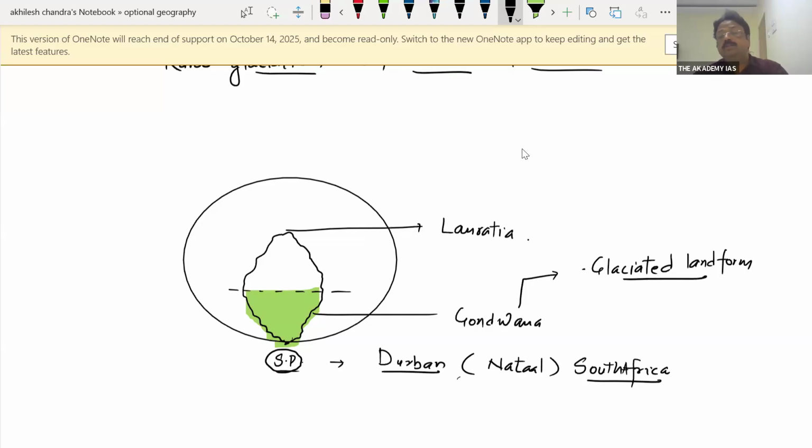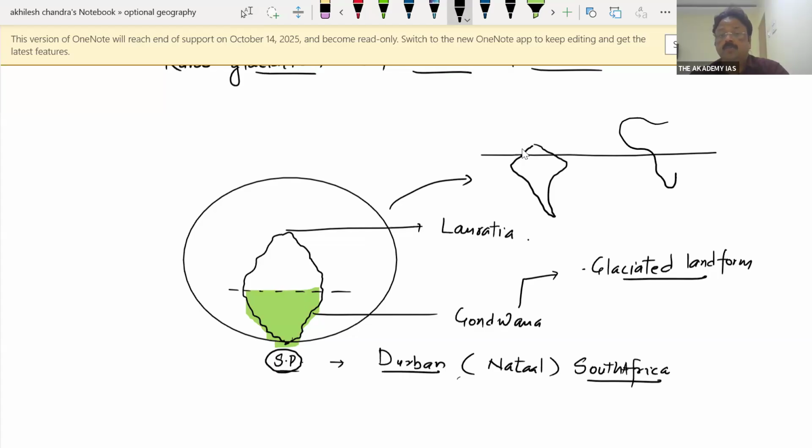And you know, today this Gondwana has broken into, let's say, South America. This is South America. Equator here, it is Africa. And we have India also moved.